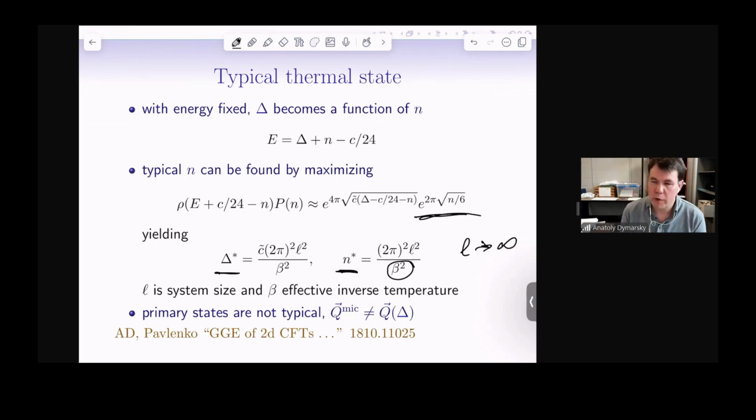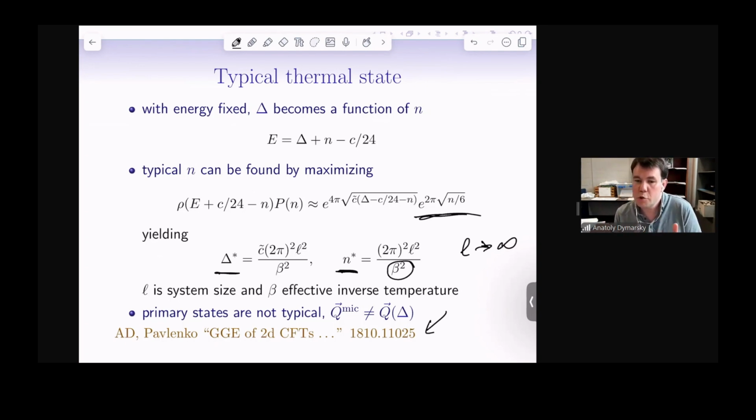And therefore, we realized early on, already in 2018, that if you formulate ETH including Qs, then you have a way to resolve the puzzle, because the primary state, you don't have to compare it with the microcanonical ensemble anymore.